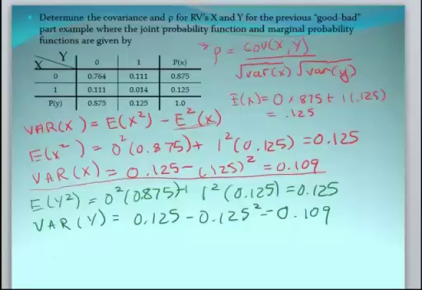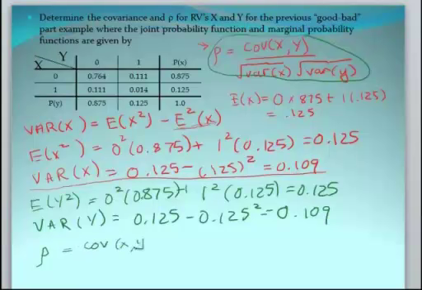And so now, plugging into this equation, which I'm just circling in green, we can say the correlation coefficient is the covariance of x, y over the square root of the variance of x times the square root of the variance of y.